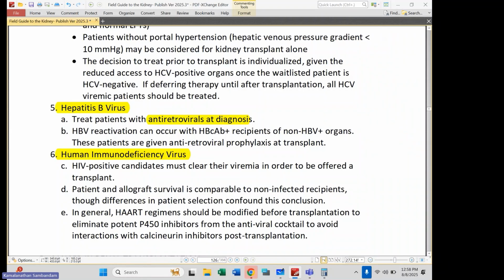Now, patients can develop Hep B reactivation. And so we, as a routine, check recipients for presence of prior Hep B infection. That would be evidenced by the presence of an antibody to the Hep B core antigen. So if you're a recipient who has Hep B core antibody positivity, that means that you have seen Hep B virus.